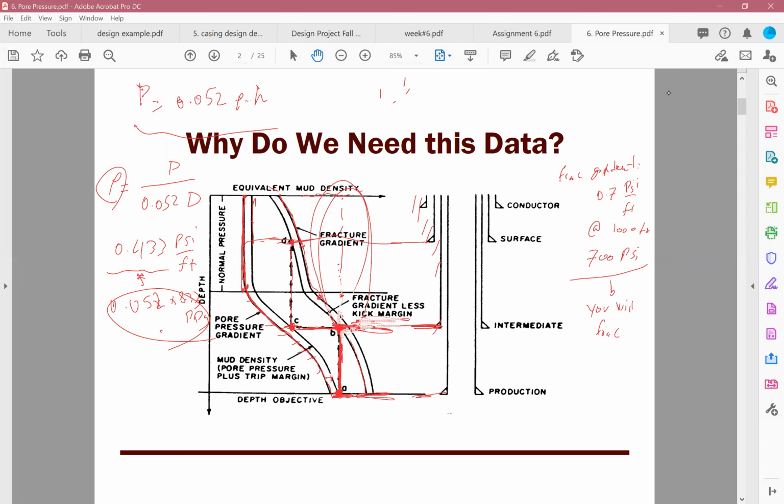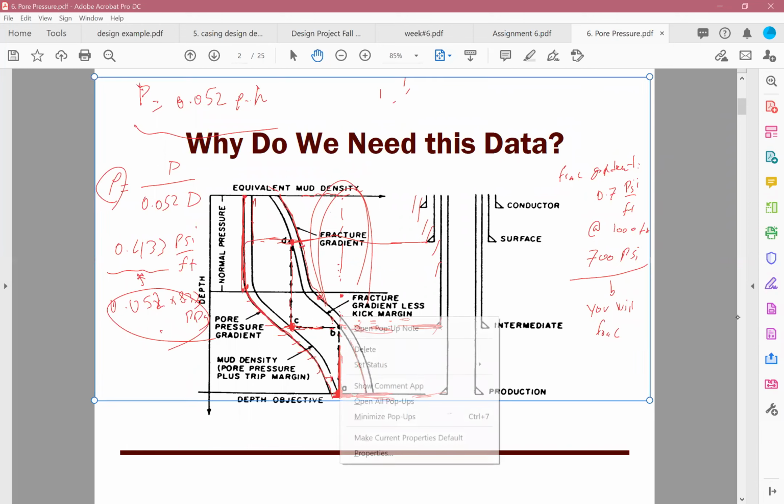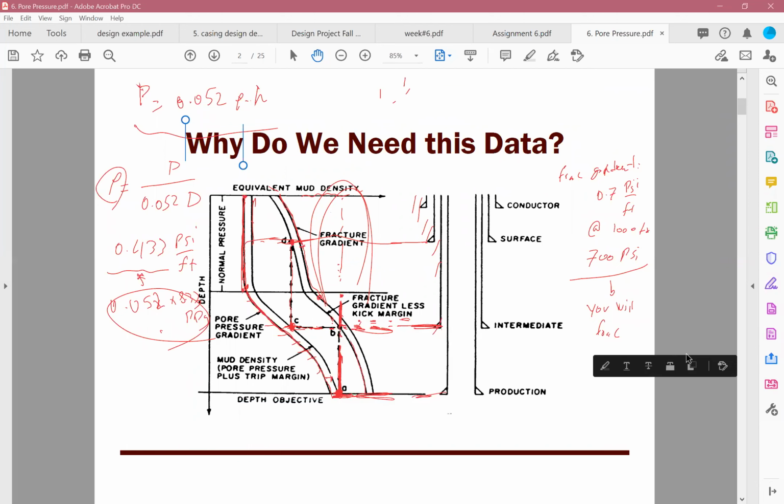If you continue and look at your mud density compared to the fracture gradient, if you continue with the same mud density here, then at some point your mud density, which is constant, will be higher than the equivalent mud density of the fracture gradient.